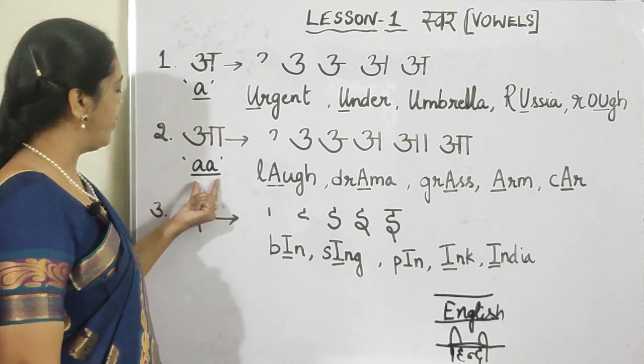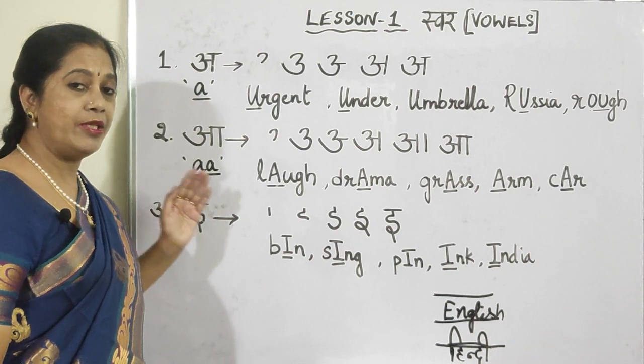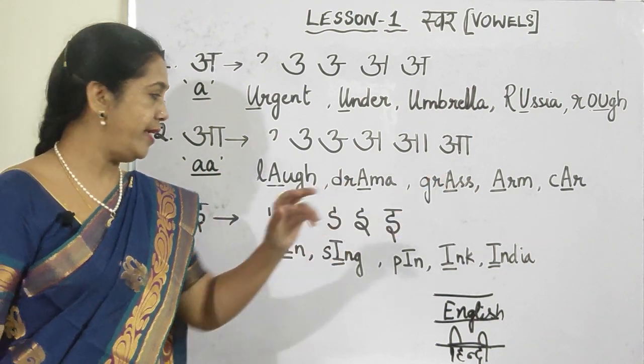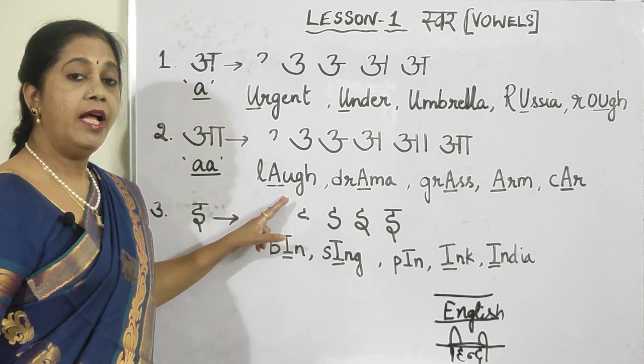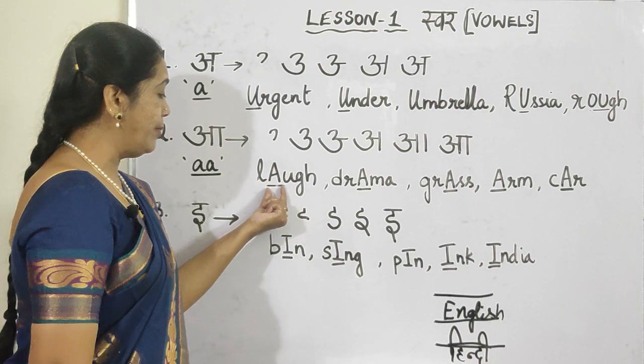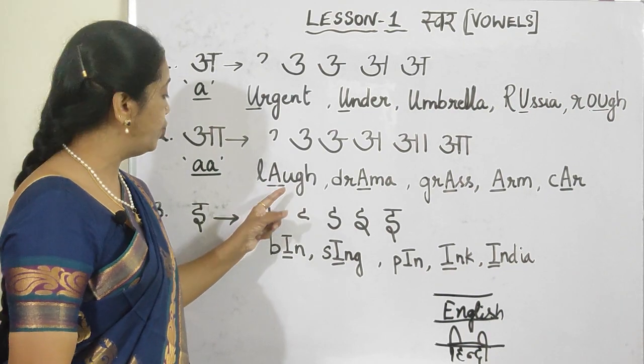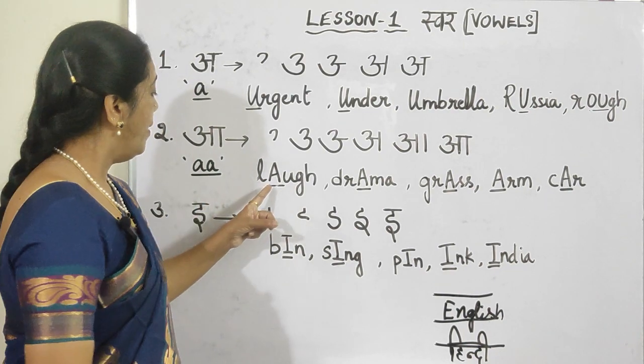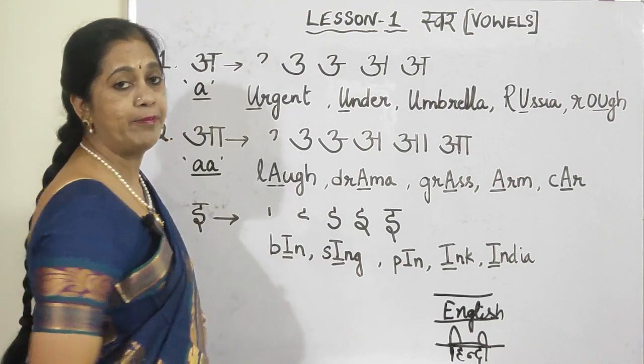Now you see here, I've given A, because you drag it. I've given you the English word laugh. You give more time for pronouncing this letter. Though there is only one A there, you take more time to pronounce it.